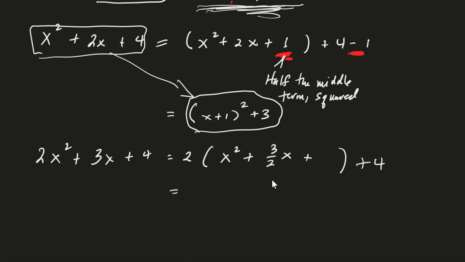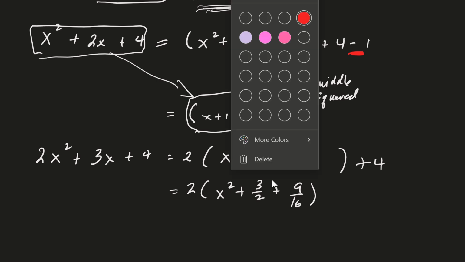And now half the middle term will be 3/4, squared would be 9/16. And so we're going to end up with 2 times (x squared plus 3 halves x plus 9/16).